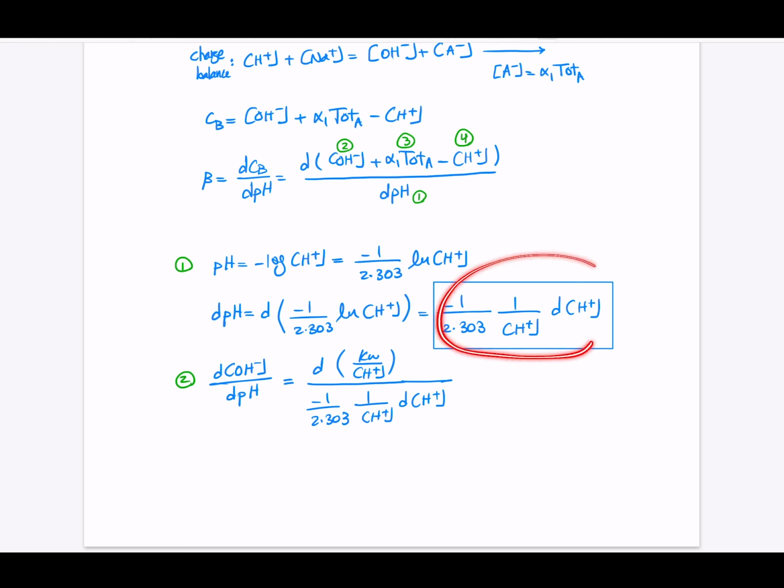So this is literally the one that we brought here instead of dPH. And then we can work on this part, which is pretty straightforward. This is minus KW coming out, 1 over H plus to the power of 2, d of H plus, divided by whatever we had here, 1 over H plus, dH plus.